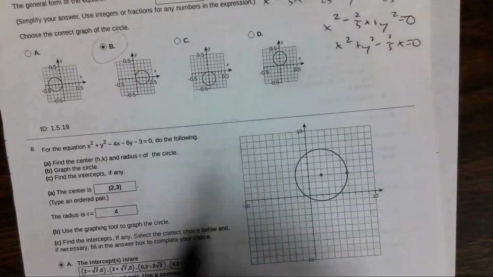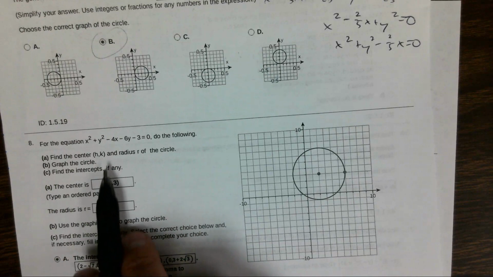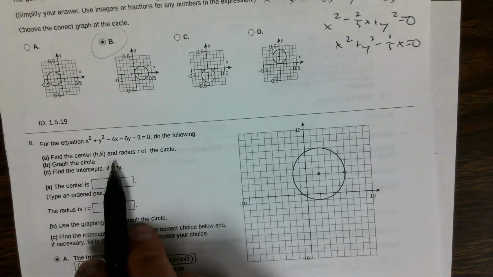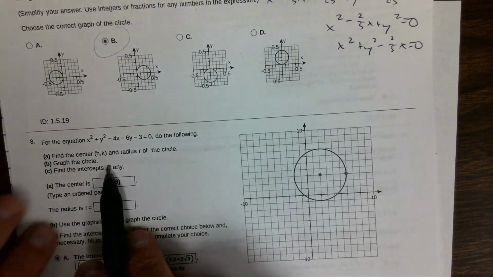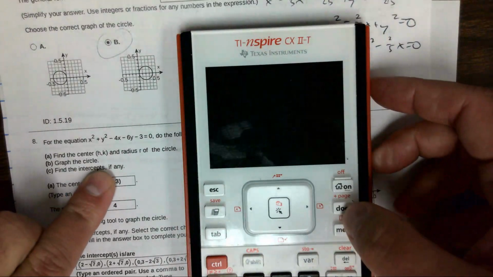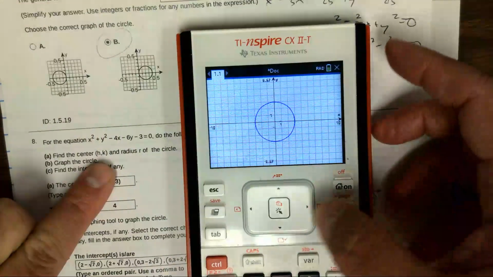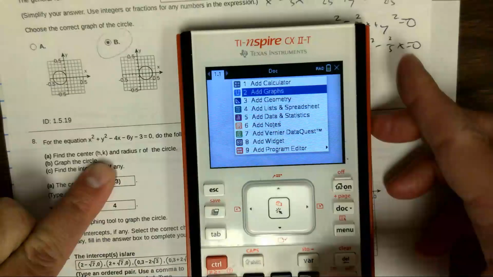Now on this one, they want you to find the center and graph it and so forth. This is where it may be useful if you use the calculator, so let's try that. So remember I talked about equation templates in the other video.